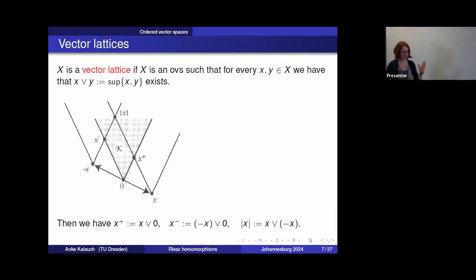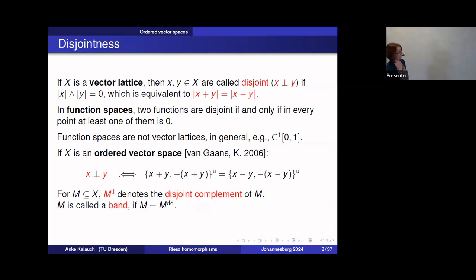You can calculate almost as in the numbers. You don't have this in ordered vector space. So there we need other approaches to deal with similar notions, also notions that are well known in lattice theory, and we want to make similar notions in ordered vector space. But we don't have the modulus anymore, we don't have the supremum anymore. We need some new ideas.